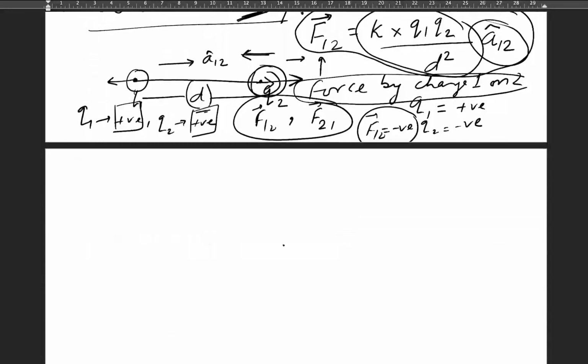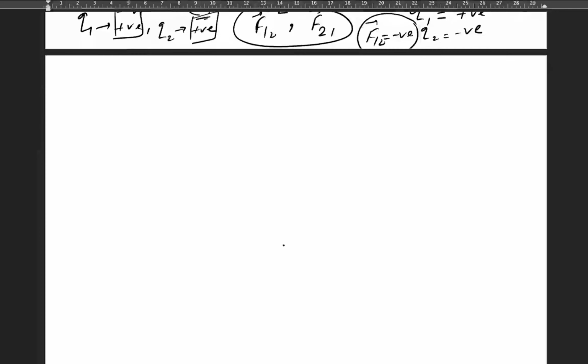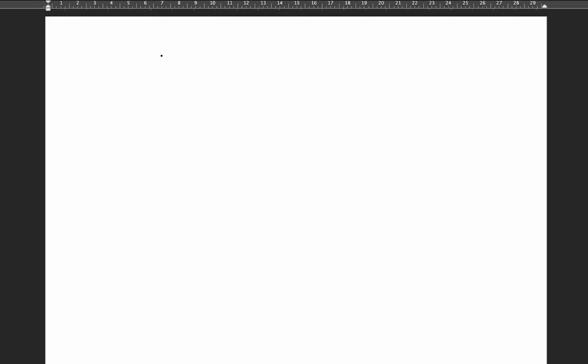Although this law was discovered in a lab in the 1800s, we can expect that the accuracy of the experiment may not have been that great. However, it was Coulomb's ingenuity that he got the idea that this law has an inverse square proportionality.